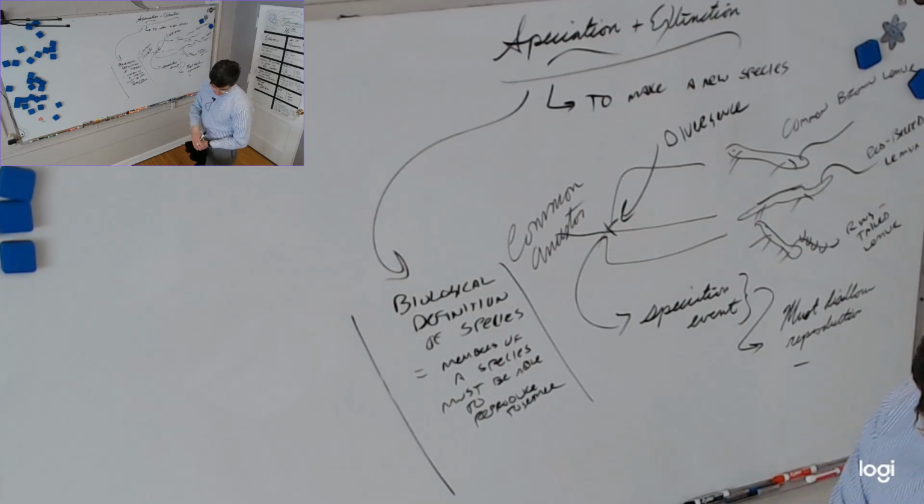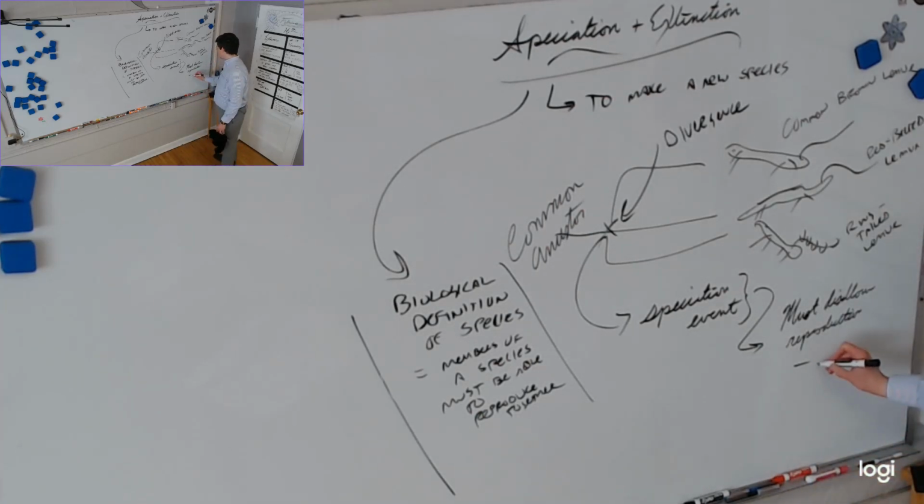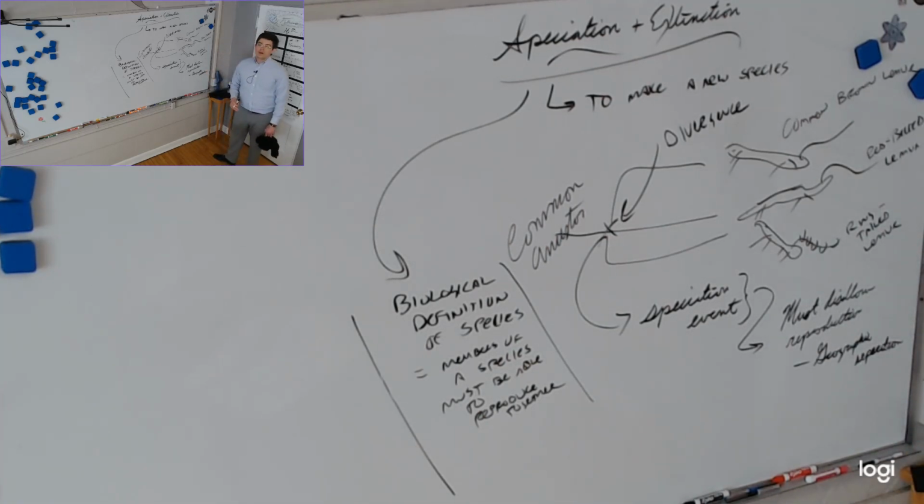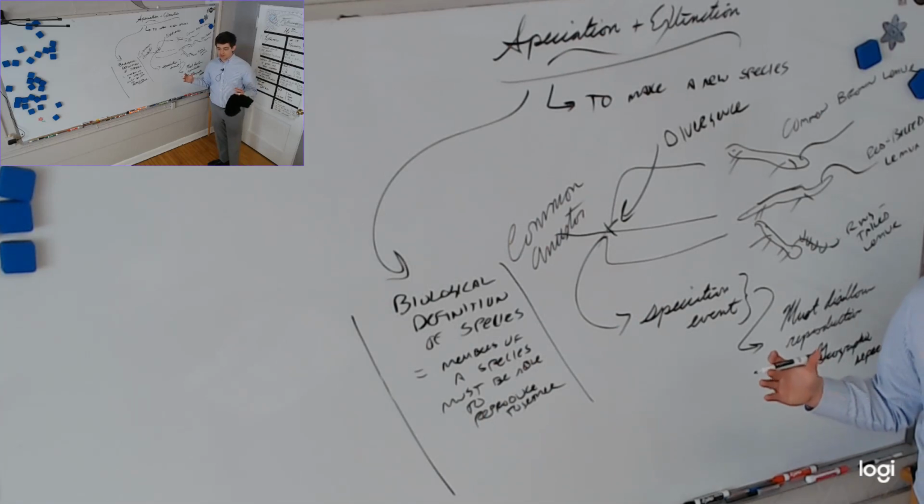Okay, but one of them is this idea of geographic separation. For instance, Earth's surface is always changing. Over thousands, hundreds of thousands of years, a mountain range could divide the species.